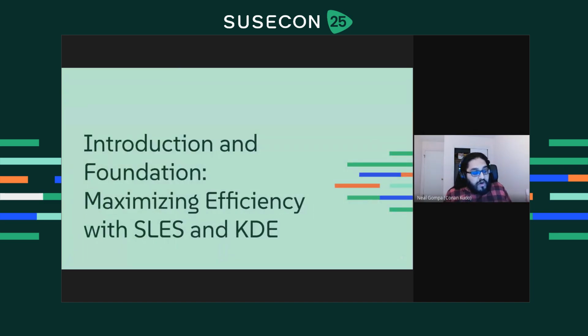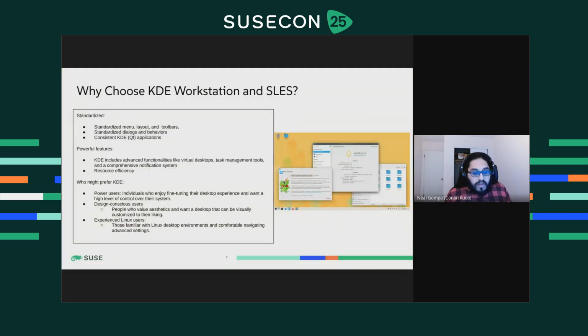So we want to start with talking about SLES and KDE. And the big thing with choosing KDE for your desktop environment on top of SUSE Linux Enterprise is that you get a standardized layout that's very familiar to users. If many users are from the Windows world and are familiar with that paradigm, KDE Plasma is an excellent desktop environment that provides that look and feel.